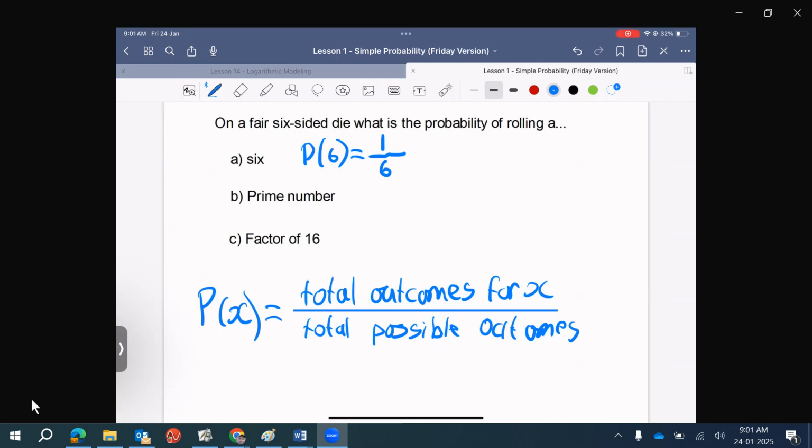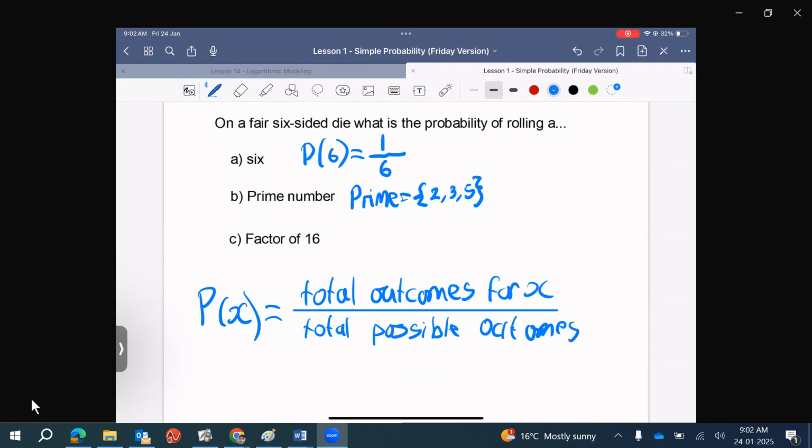To find a prime number, we need to know what the set of prime numbers are, which are also available on a die. So prime numbers are given by the set 2, 3, 5, 7 onwards, but on the six-sided die, this is the complete set.